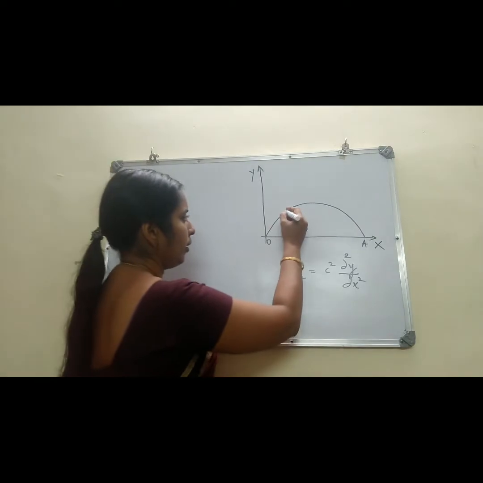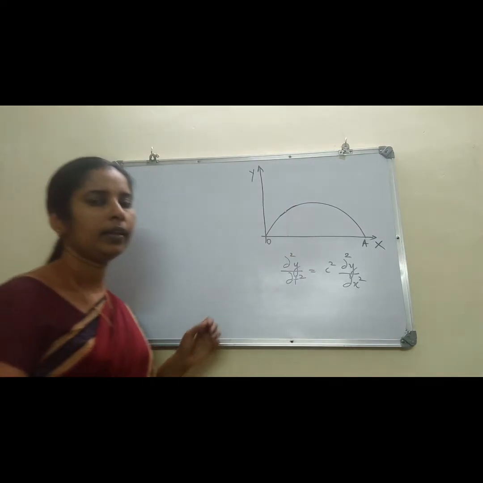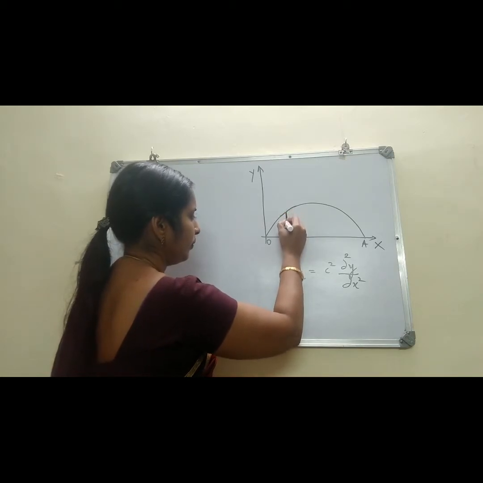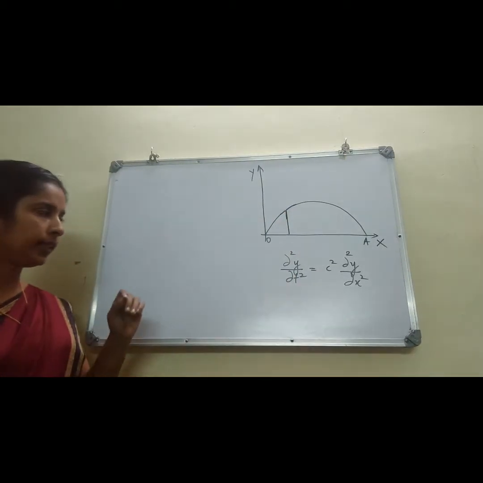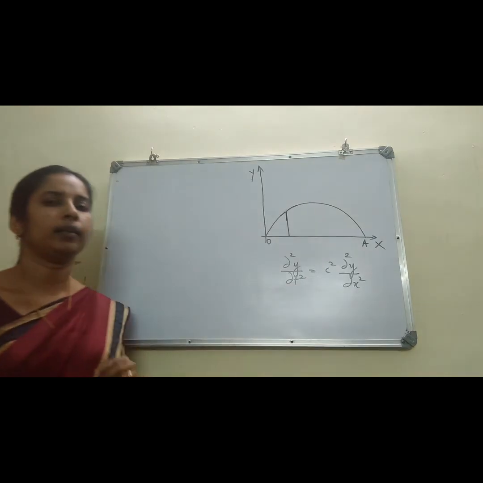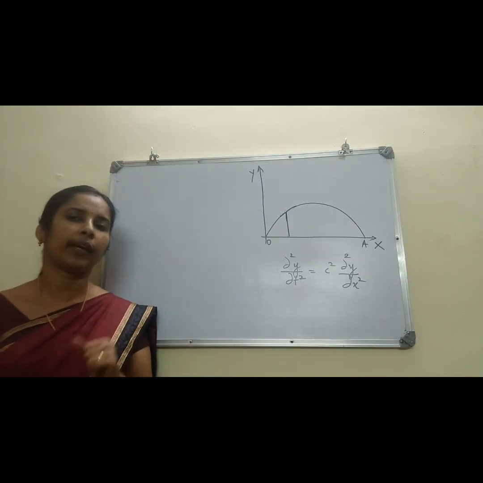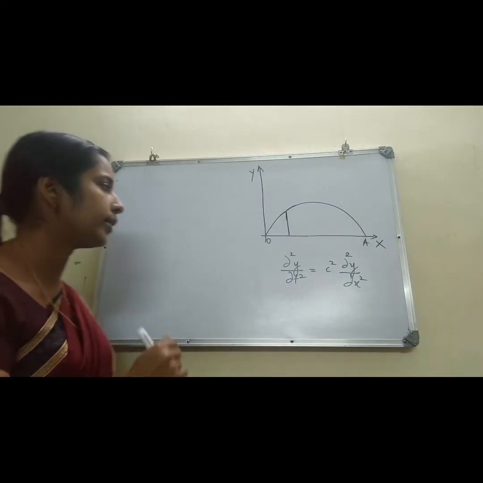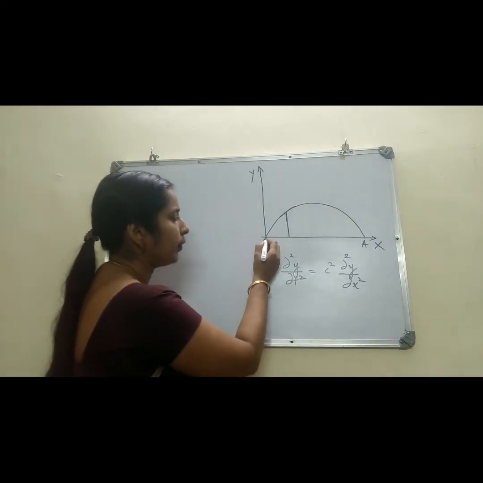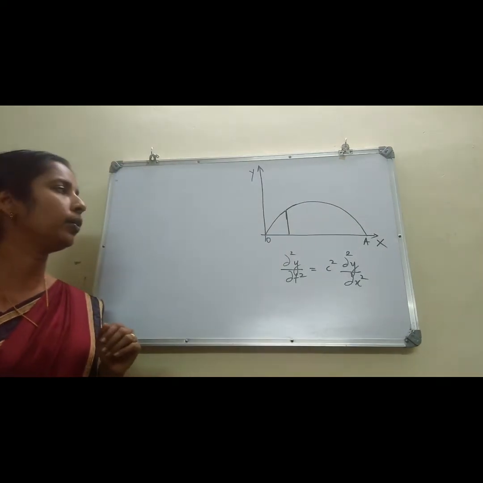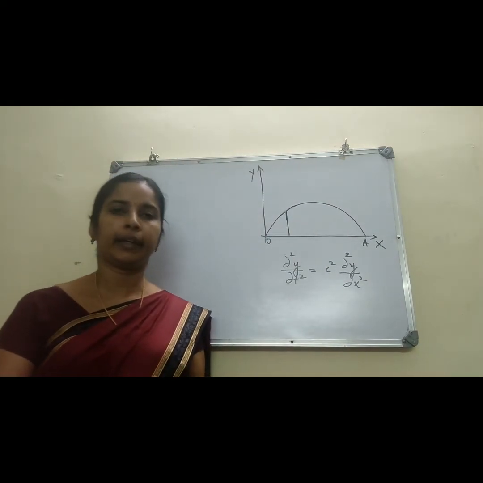You consider a point on the string, then its vertical displacement, let it be y. Its vertical displacement y depends on two factors. One is the distance from the origin O, and also it depends on the time.